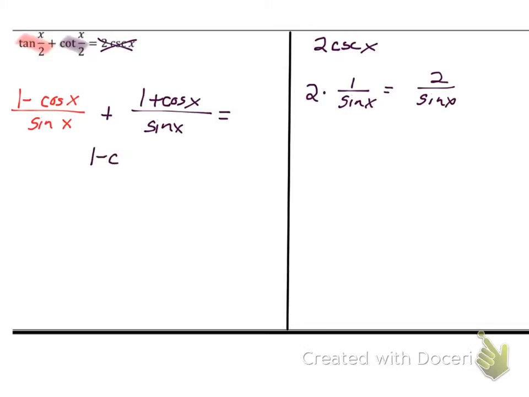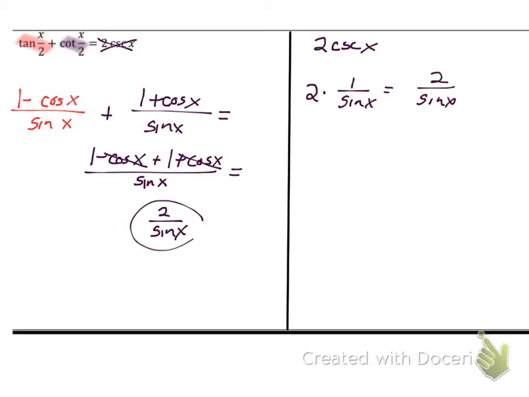So I have 1 minus cosine of x plus 1 plus cosine of x all over sine of x. Well, my cosine and cosine are going to cross each other out, and we're going to have 2 over sine of x. And that's equal on either side.